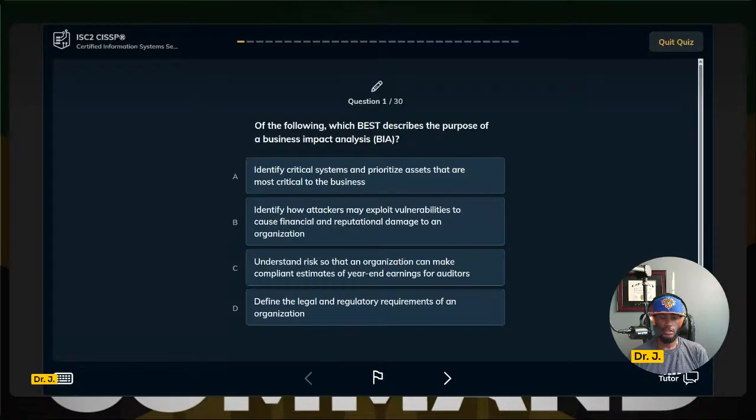No. Understand risks so that an organization can make compliant estimates. No. It's not Delta, define the legal and regulatory requirements. It's looking like Alpha. Yeah. Identify critical systems and prioritize those assets that are most critical to the business. So yeah, that's going to be BIA.